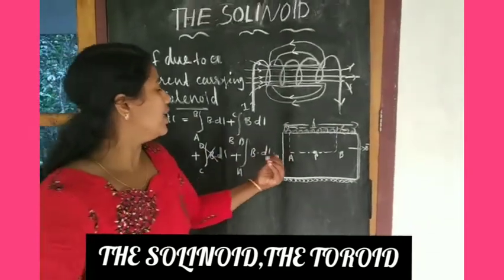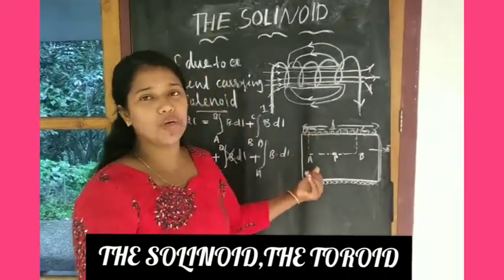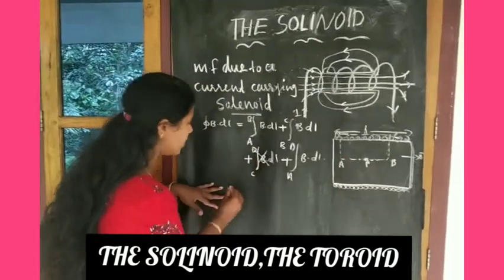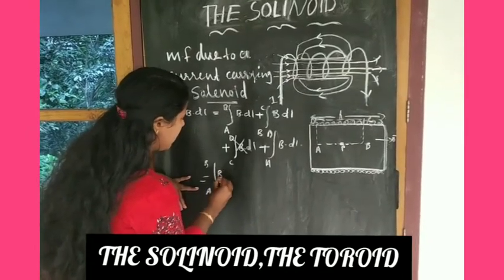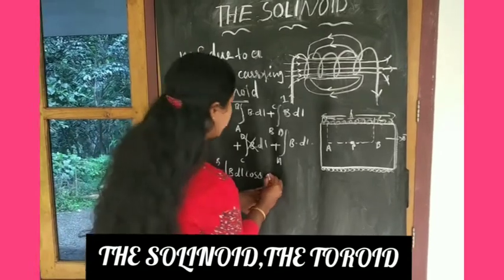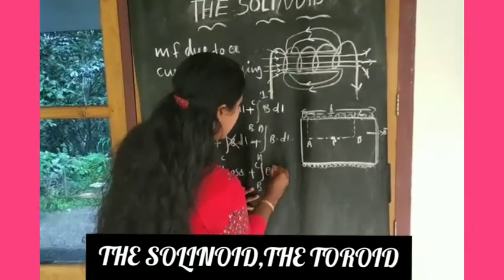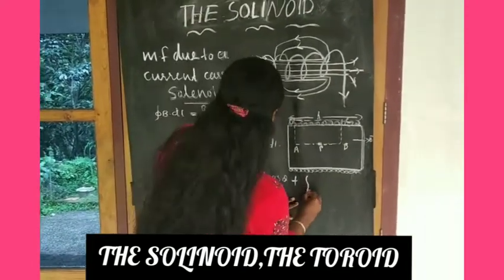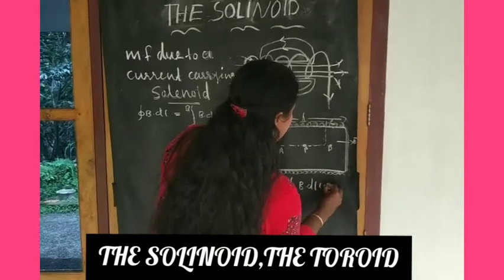Next, B is perpendicular to BC and AD. B dot dl is B dl cos theta. So we write the integral A to B of B dl cos theta, plus the integral B to C of B dl cos theta, plus the integral A to D of B dl cos theta.